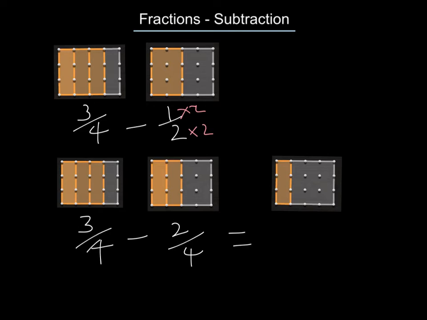So now instead of adding the numerators or top numbers, we subtract 3 take away 2, and we get 1/4. And you can see from the picture that if I had 3/4 to start off with, and I took away 2 of them, there'd only be 1 left. So the answer is 1/4.